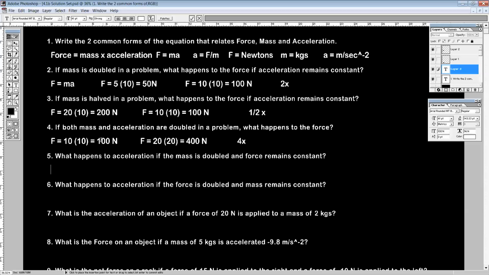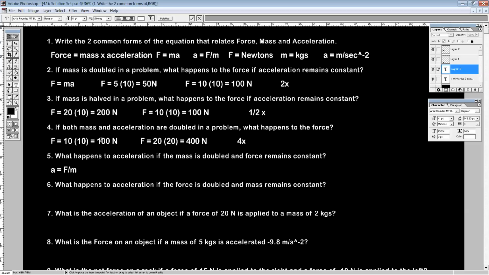Okay, let's see now. We're switching over to acceleration. So we're calculating for acceleration in number 5, and we're going to double the mass, and the force is going to remain constant. So let's set up our basic equation. A is equal to force divided by mass.